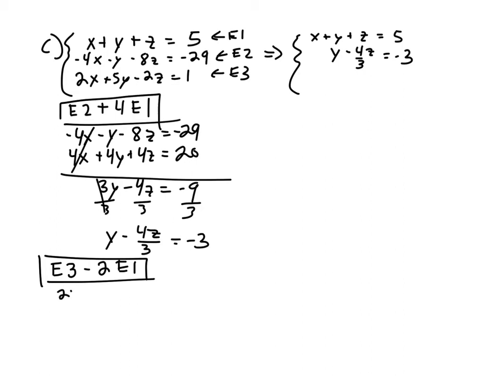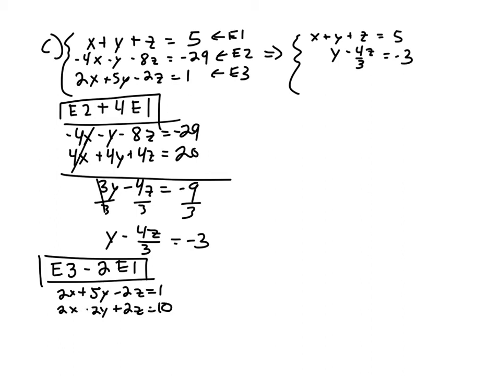Okay, so let's go ahead and write this out. So we'll have 2x plus 5y minus 2z equals 1. Okay, and then 2 times all the terms in equation 1. So that'll be 2x plus 2y plus 2z, 5 times 2 is 10. Oh, I made a mistake.